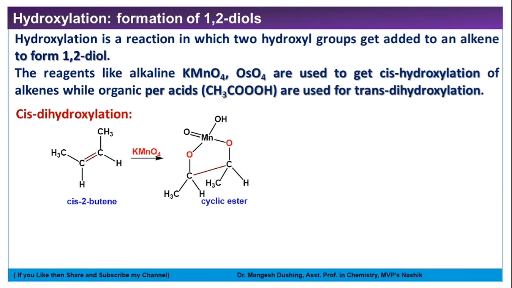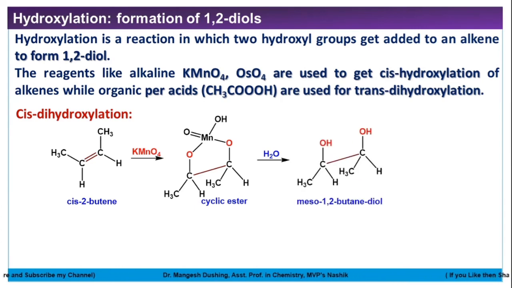This intermediate breaks down in presence of water into the diol. So the Mn oxygen bond will break and we'll get this diol. Now this cyclic manganate ester forms from the same side. That's why both hydroxyl groups in the product are on the same side.